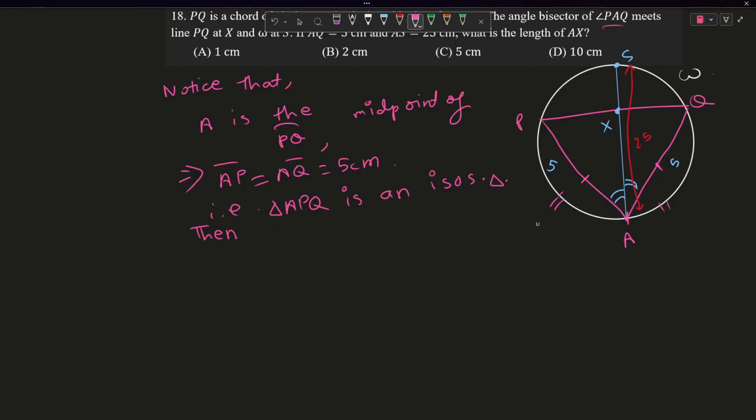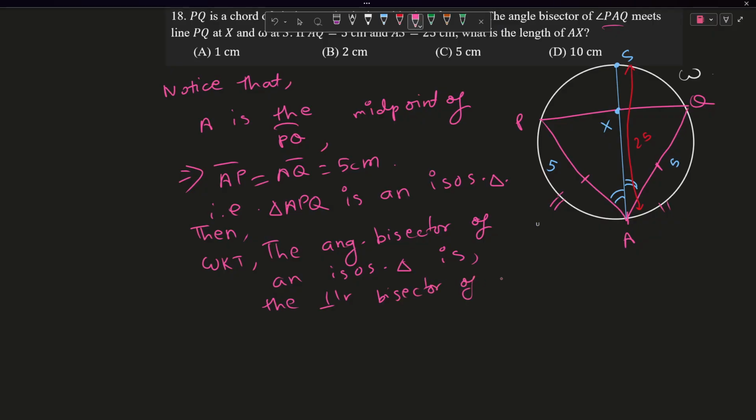Then we know that the angular bisector of an isosceles triangle is the perpendicular bisector of its base. That is basically X is the midpoint of PQ.